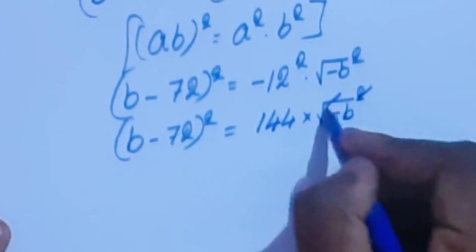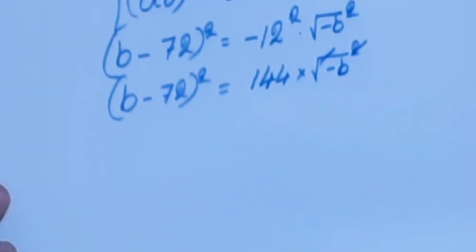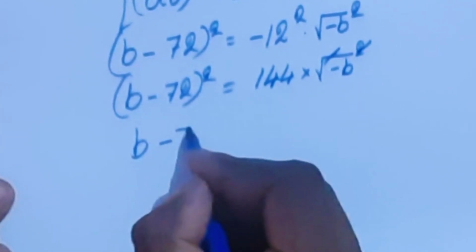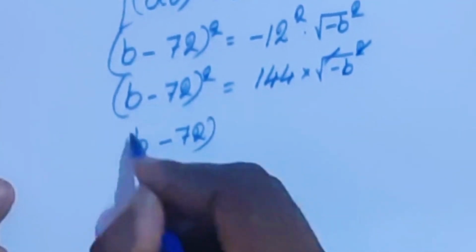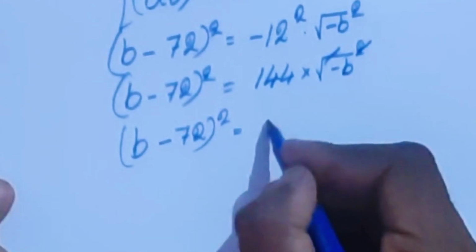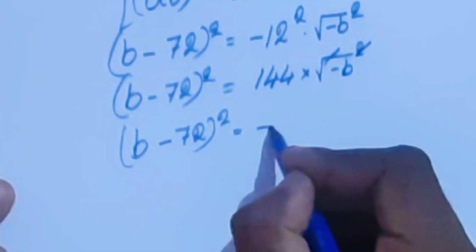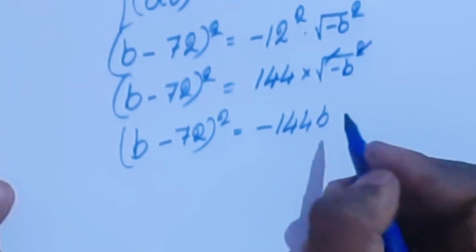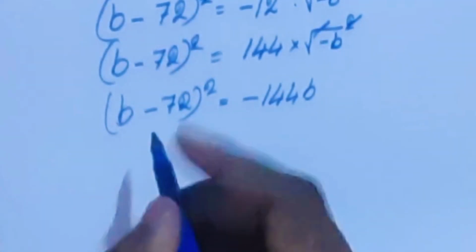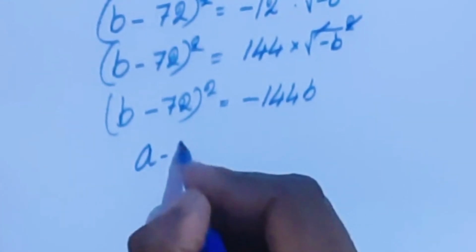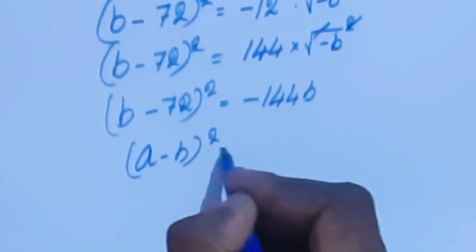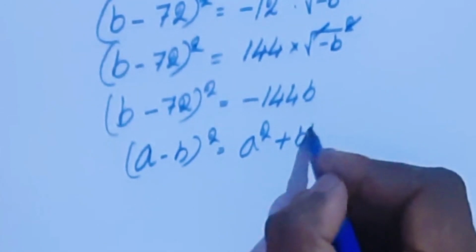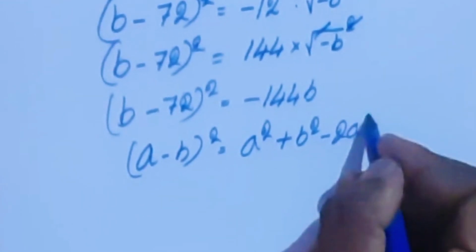Now the square and square root will cancel each other. Here we have b minus 72 whole square equals minus 144b. Now here a minus b whole square equals a square plus b square minus 2 times ab.